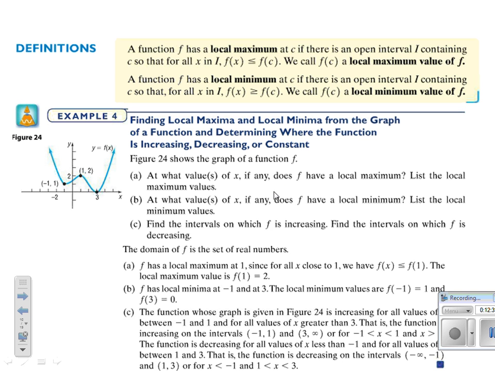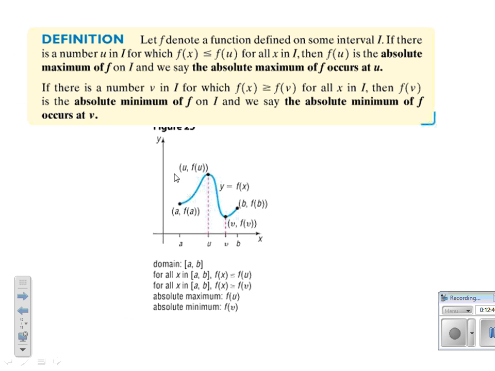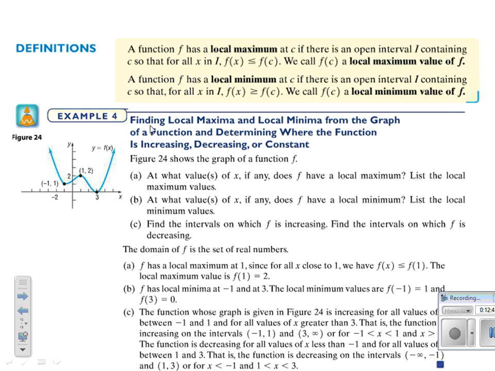So let's see how that looks. If you look at example 4, we're going to go ahead and sketch figure 24 in your notes, and we're going to take a peek at how to find the local maximum and the local minimum for figure 24.